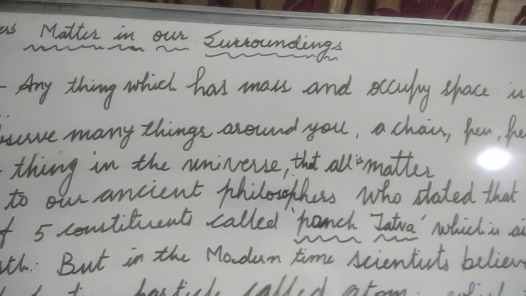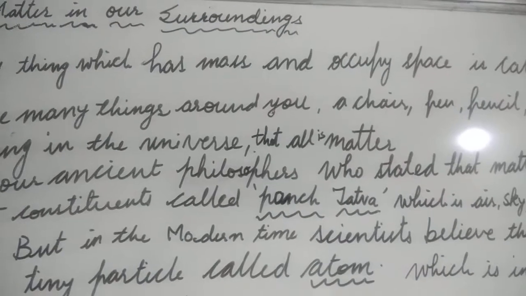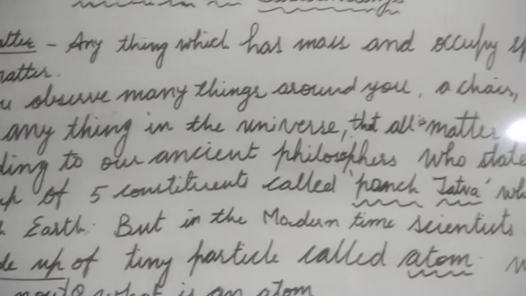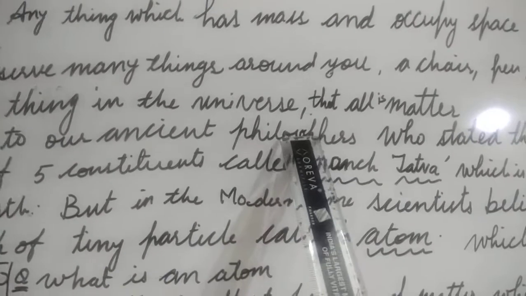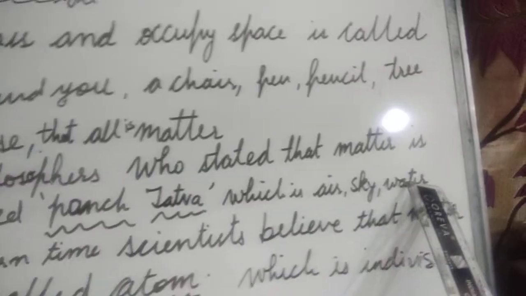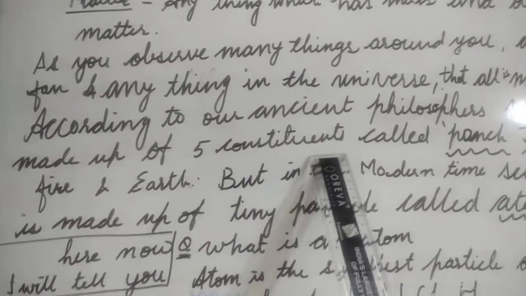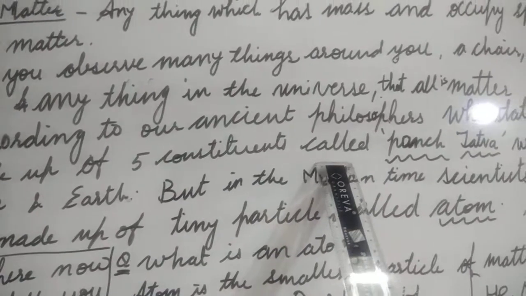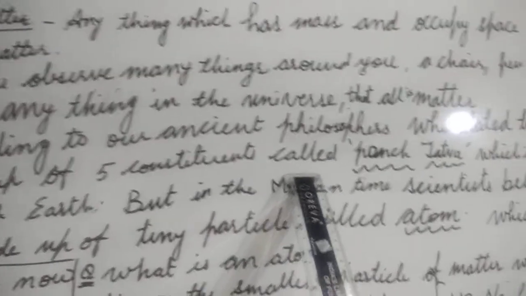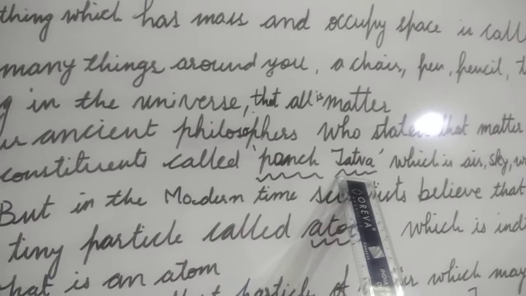Is it clear, students? Now I am taking, students, that according to ancient philosophers who stated that matter is made up of 5 constituents, and they called that 5 constituents as Panchtattva.